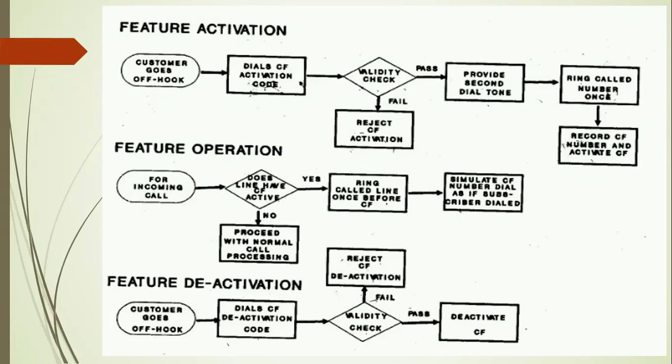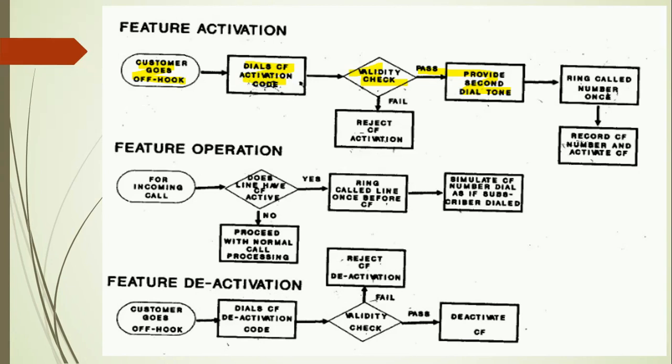This is feature activation, that means how to activate call forwarding. The first step, off hook, that means the communication is started. Dial the activation code, and you'll have a condition here, that is the validity check. If the activation code is valid for your phone, then you need to provide the second dial tone. That means you are switching from your previous phone number to the next phone number.